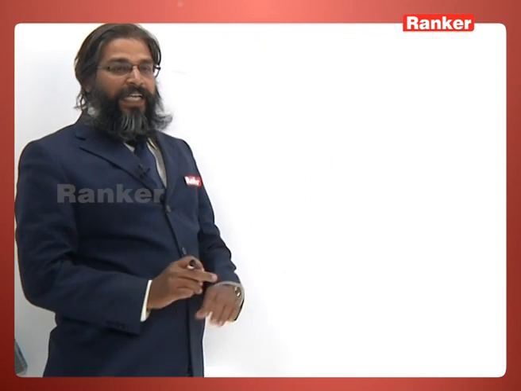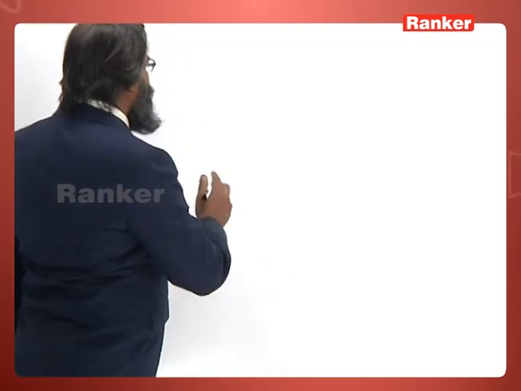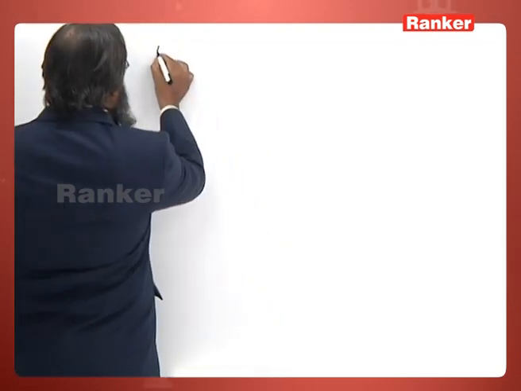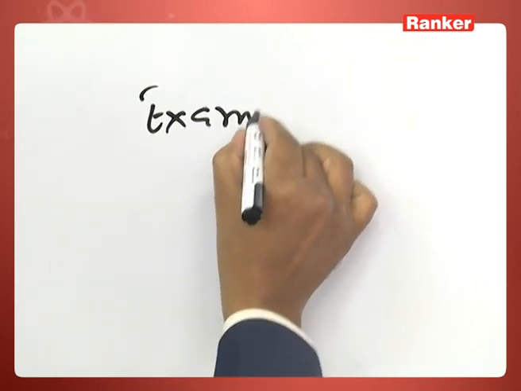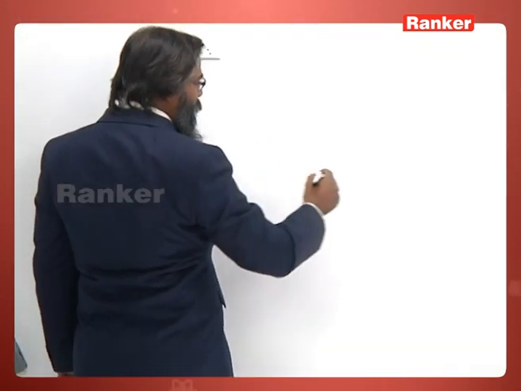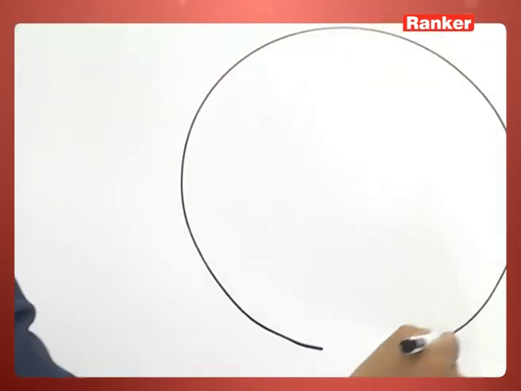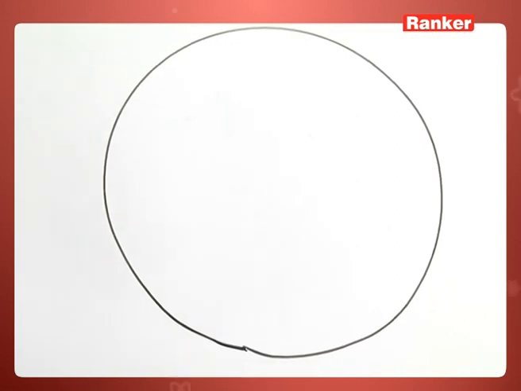So now let us take an example to see how the Gaussian formula can be used for a single surface. Example: let us assume we have a spherical diamond.